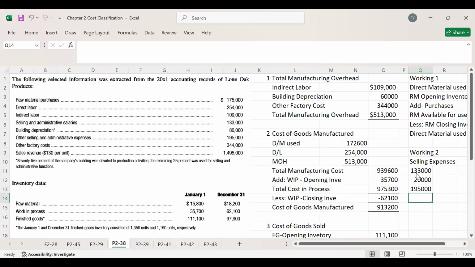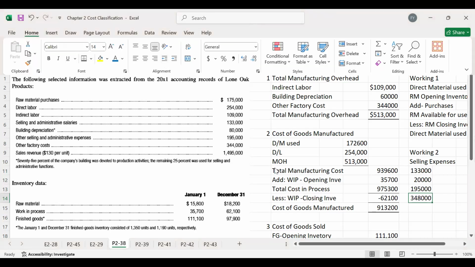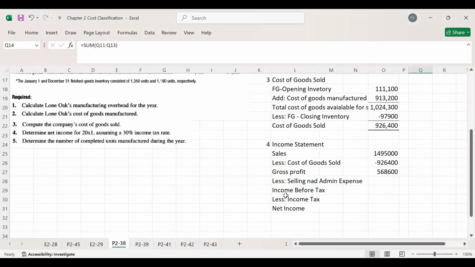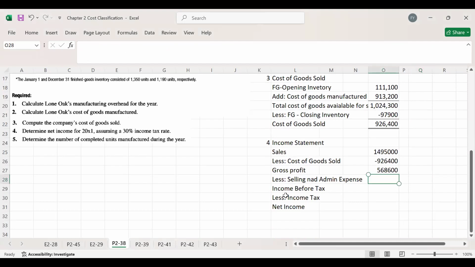By adding all these three, we get the total amount of selling and admin expenses. The total is not given, which is why we calculated it in the rough work, or you can say in the workings. The total is 248,000, which we will deduct here.